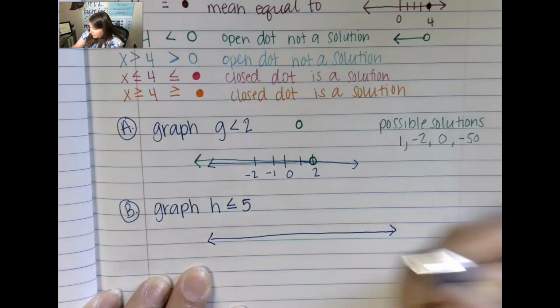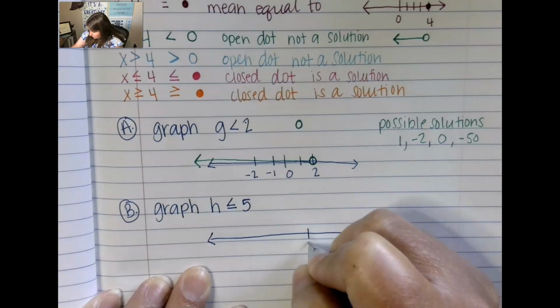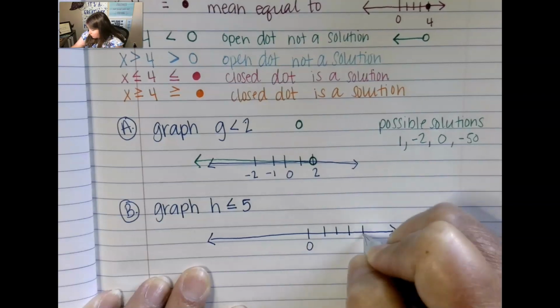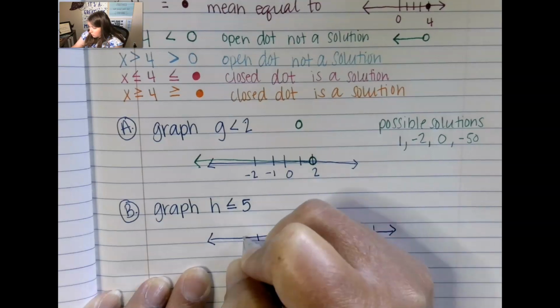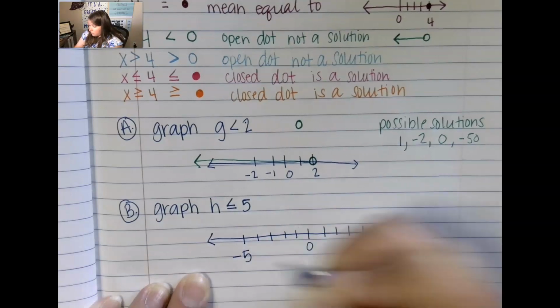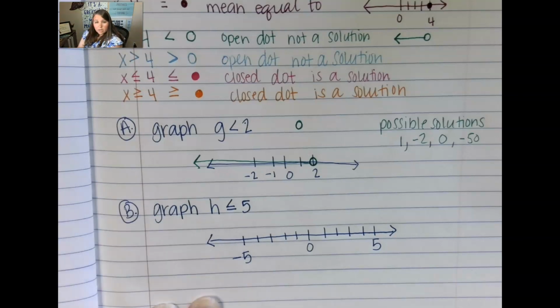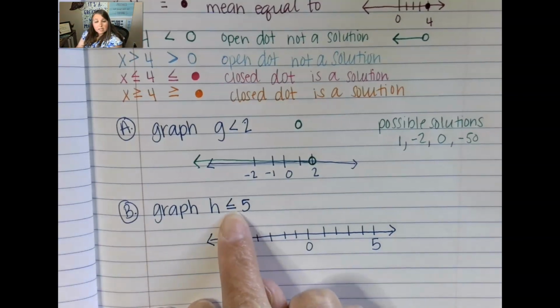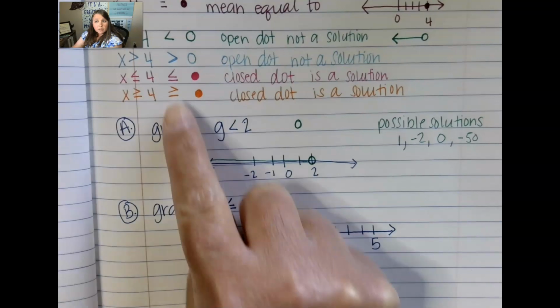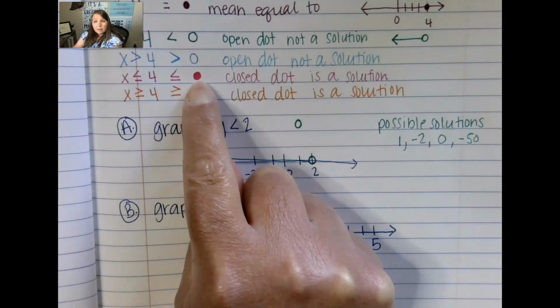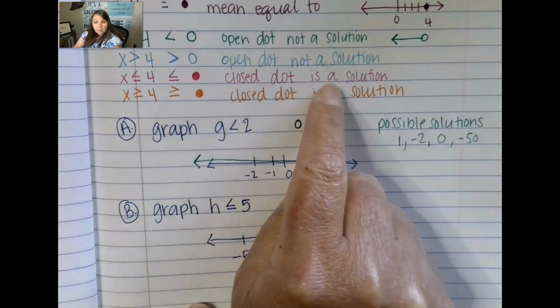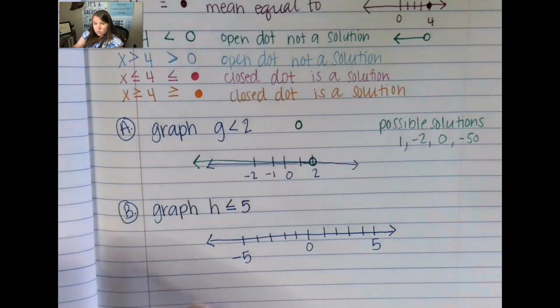So I'm going to draw my line. There's my 0, 1, 2, 3, 4, 5. 1, 2, 3, 4, -5. And we're going to come back up here and we're going to look. This is a less than or equal to. So I'm going to come up here. Less than or equal to says a closed dot. So that means that 5 can be a possible solution.